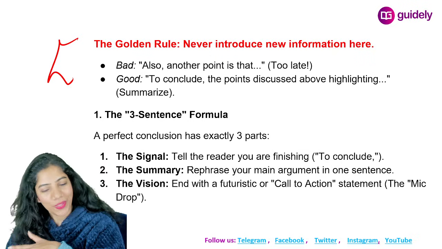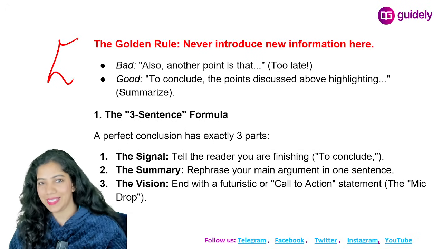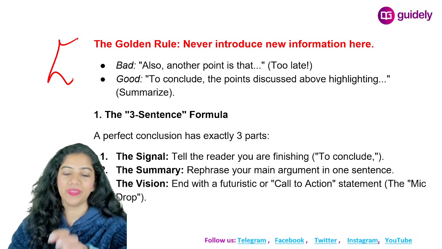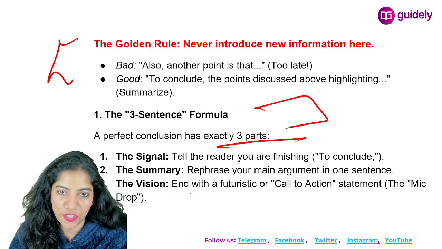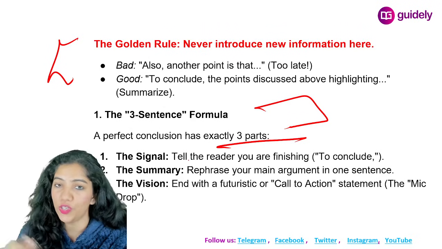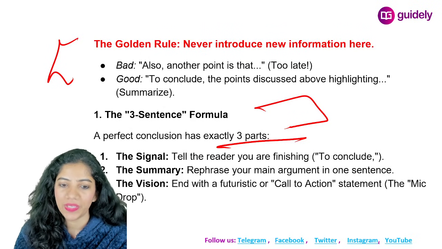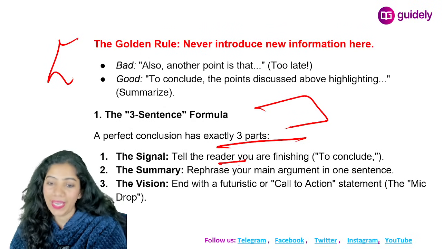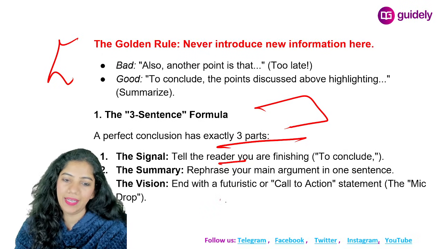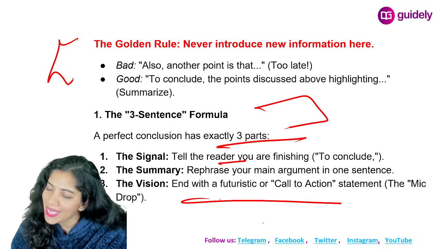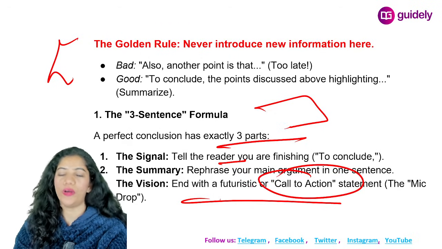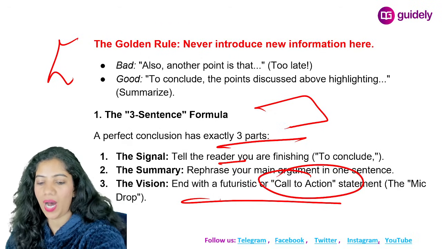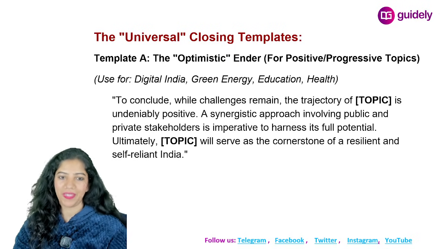So, to conclude, the points discussed about this and that. The three-sentence formula. The signal: tell the reader you are finishing. To conclude, in conclusion, thus, therefore. The summary: rephrase your main argument in one sentence. And the vision: I always end on a positive note, a call to action or some suggestion, because you are an officer.